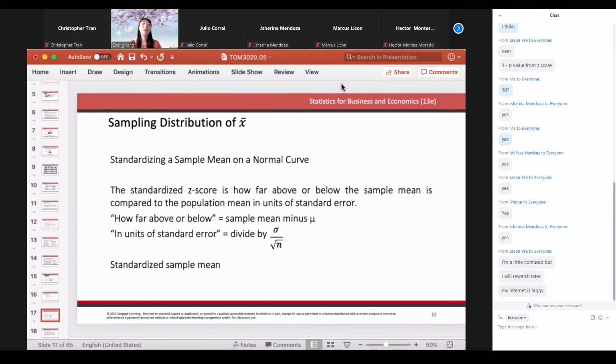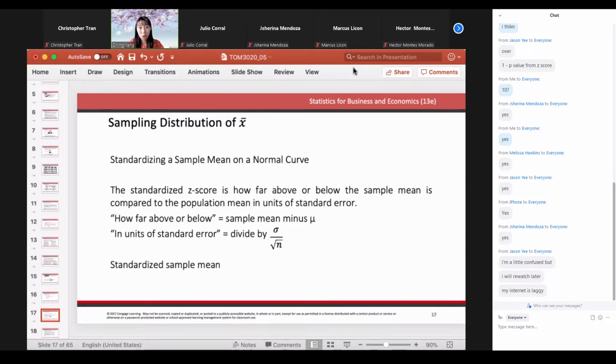So now we know that in this standard normal distribution of sample mean, we can then apply the same concept of z-score. So again, remember what's the concept of z-score? How far above or below your value is compared to the mean in unit of standard deviation.